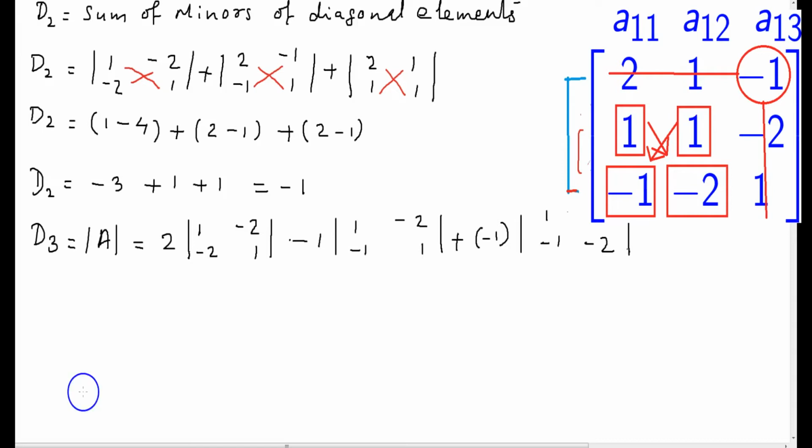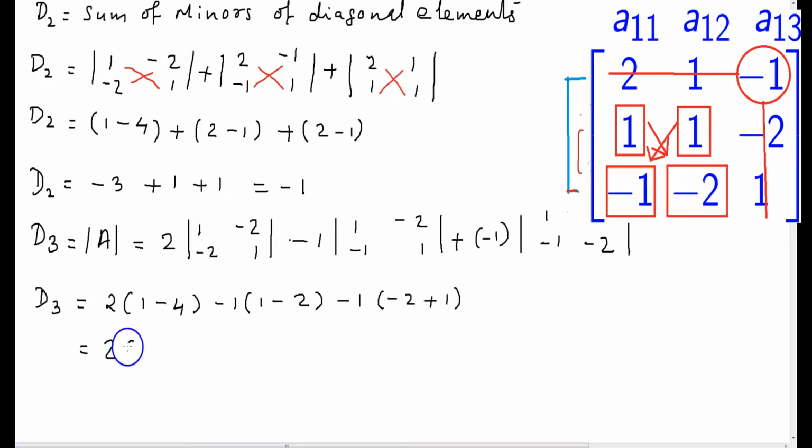Then the equation becomes 2 into 1 minus 4, minus 1 into 1 minus 2, minus 1 into minus 2 plus 1. 2 into 1 minus 4 is minus 3, minus 1 minus 2 is minus 1, minus 1 into minus 2 plus 1 is minus 1, which is equal to minus 4.